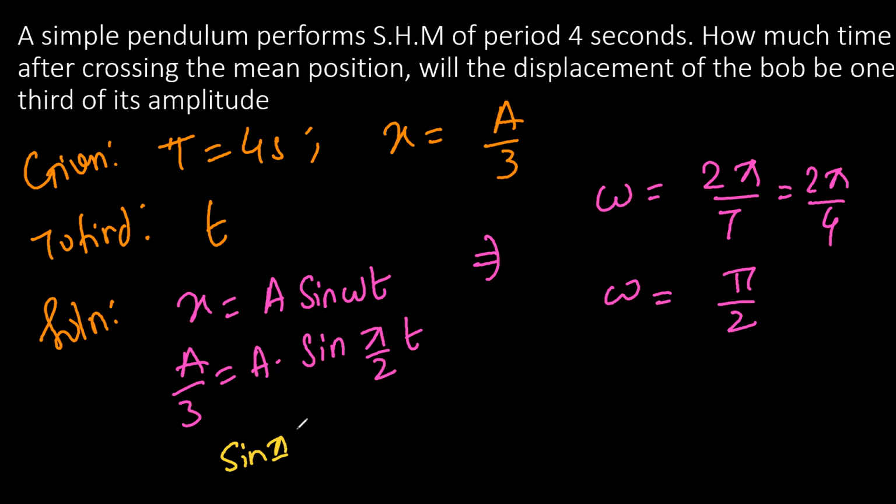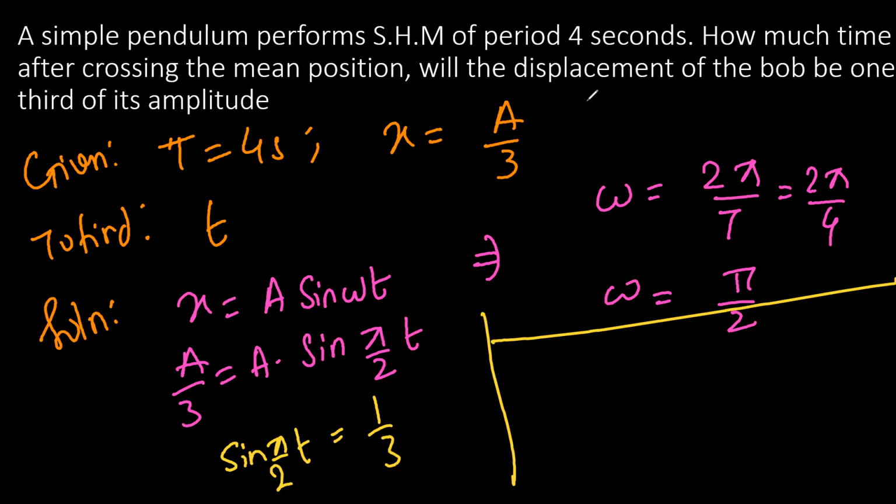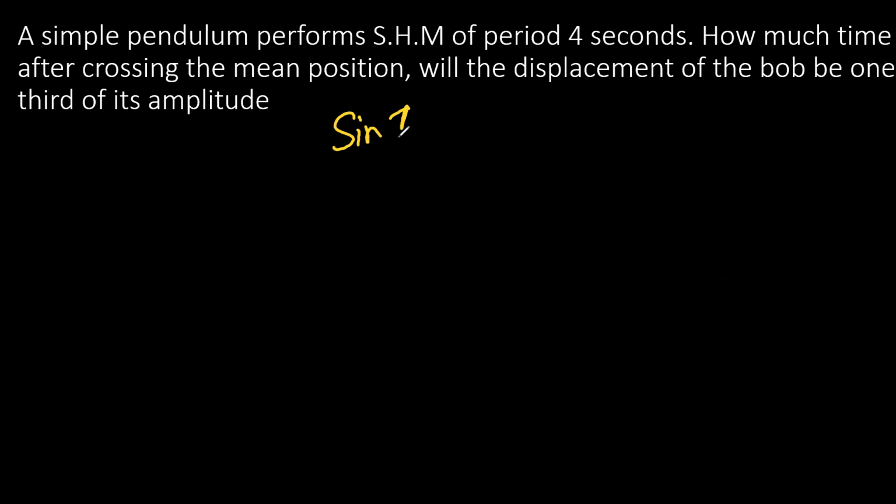So this is sin pi by 2 t is equal to 1 by 3. Okay, so this is the answer. What is the answer? Sin pi by 2 t is equal to 1 by 3.